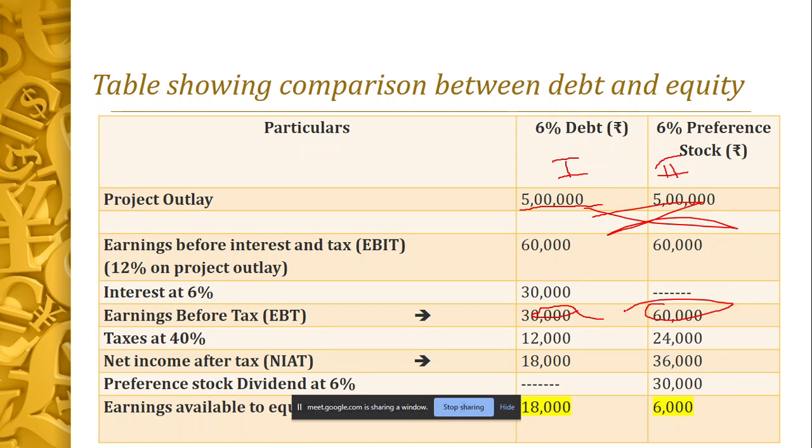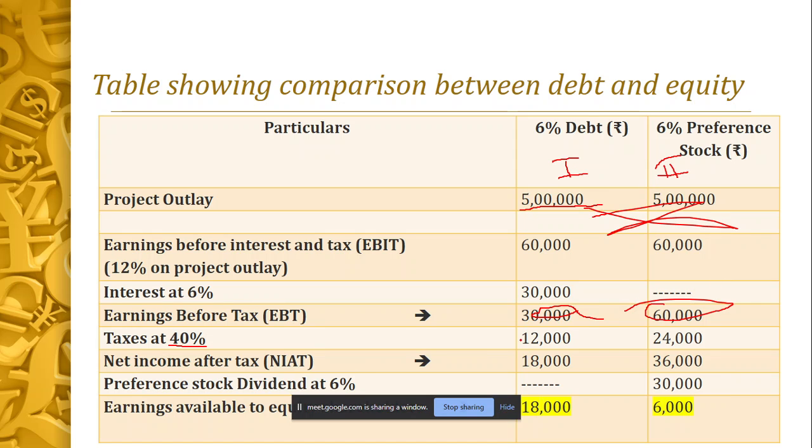So here in this case we have taken tax at 40%. See the change that has now happened. Because under the first scenario, the company had already paid interest, the earnings it had in hand were less compared to the scenario wherein it did not go for debt but had preference stock.